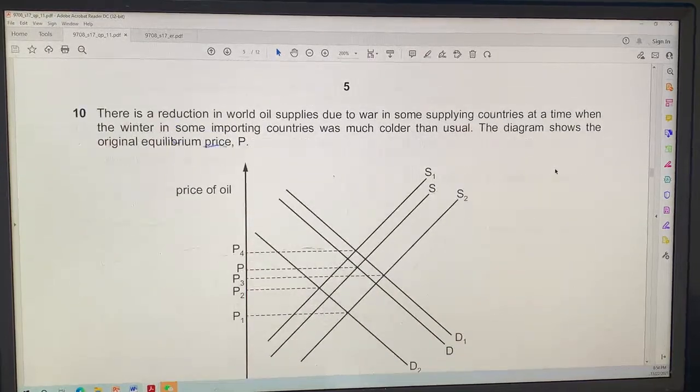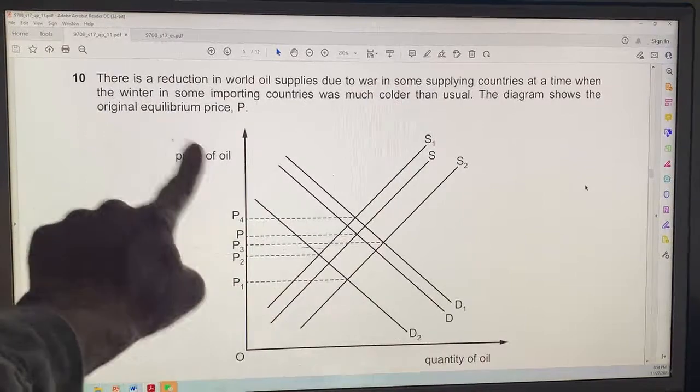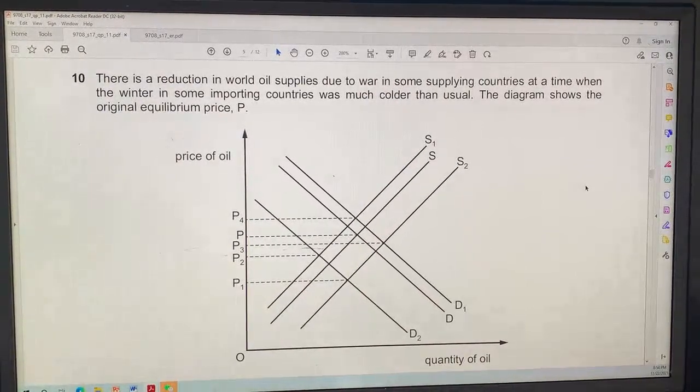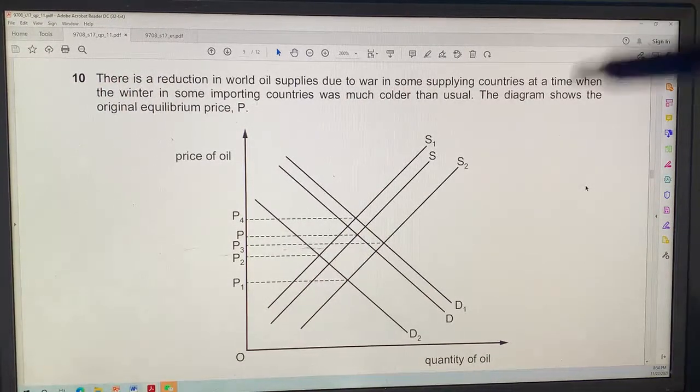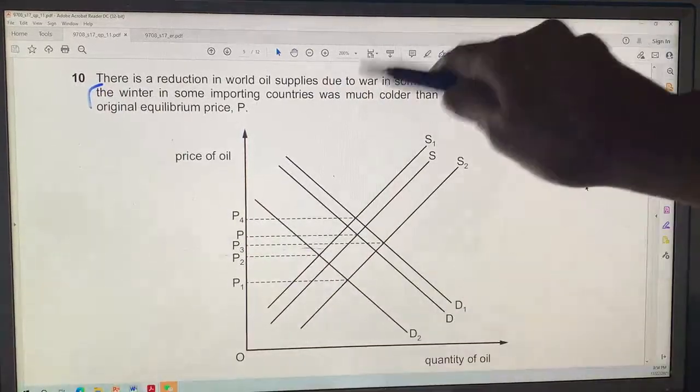Question 10. Oh, good, it's a graph. There's a reduction in world oil supplies due to war in some supplying countries at a time when the winter in some importing countries was much colder.